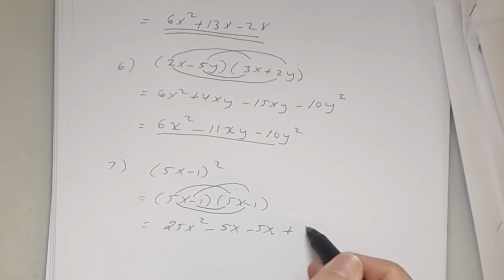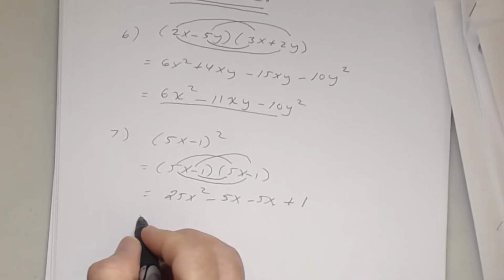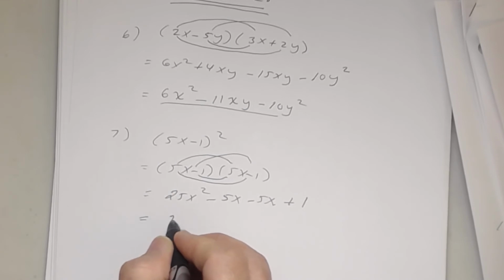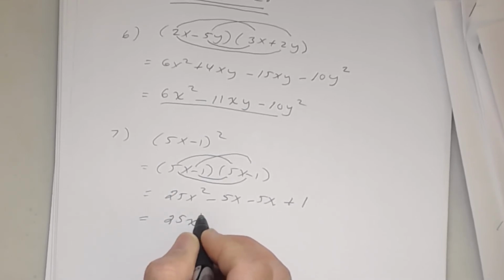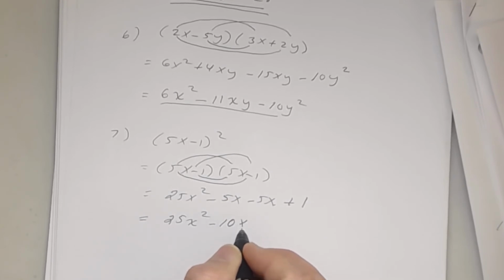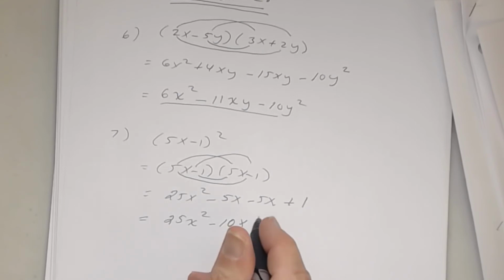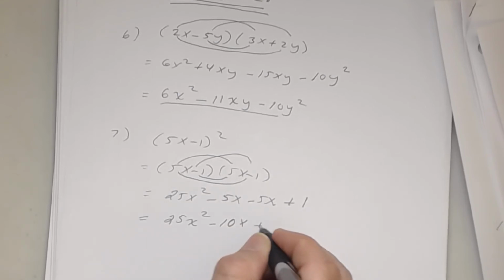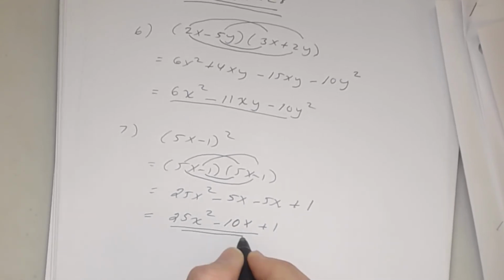Which is? No, not negative 1. Positive 1. Combine like terms. 25x squared minus 10x, right? A negative 5x, a negative 5x, a negative 10x, and then plus 1. Okay?